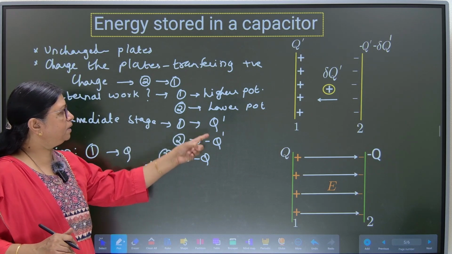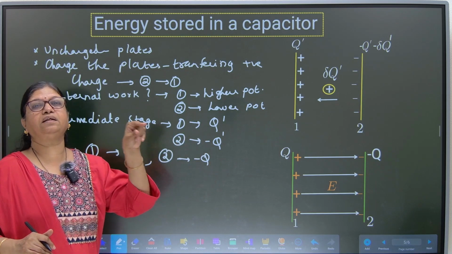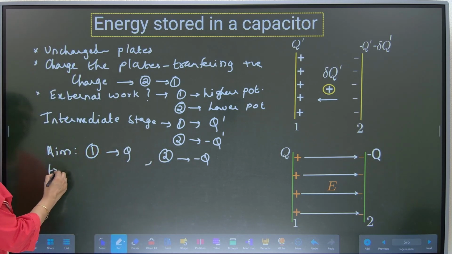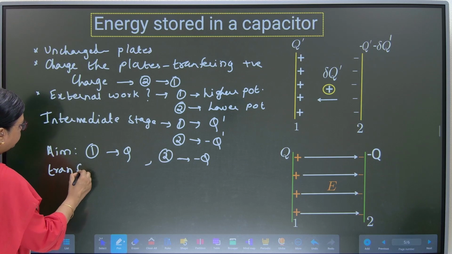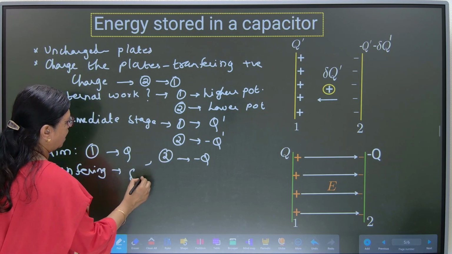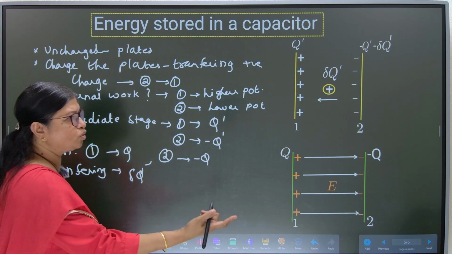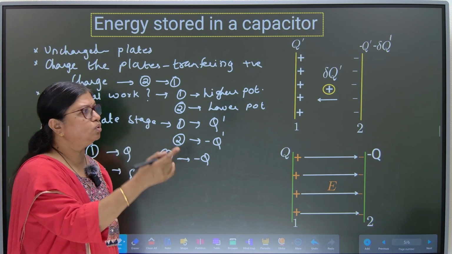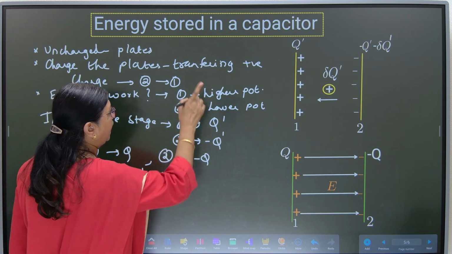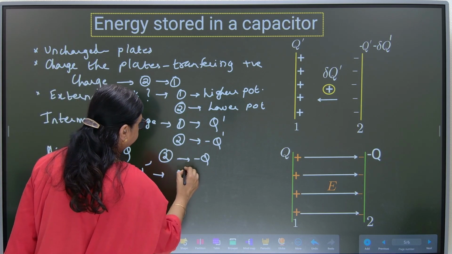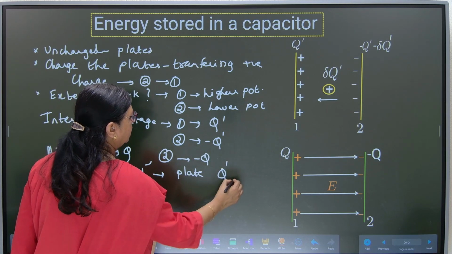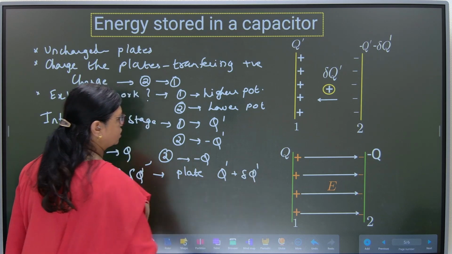And in that intermediate stage, let us consider transferring a small infinitesimal charge delta Q dash from plate 2 to the plate 1, such that plate 1 now has Q dash plus delta Q dash.